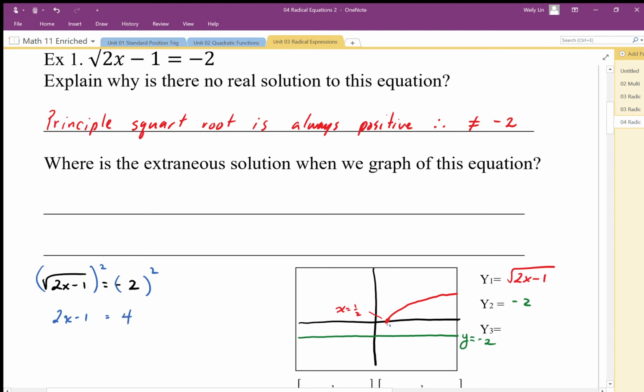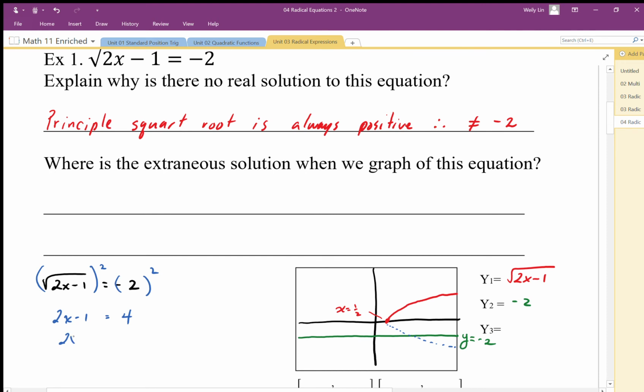What ends up happening is we generate this other half of the parabola. The square root represents the positive half of the parabola, and when we square it, we introduce the negative half of the parabola down here. From this point on, we've introduced the possibility that we could find this extraneous solution.